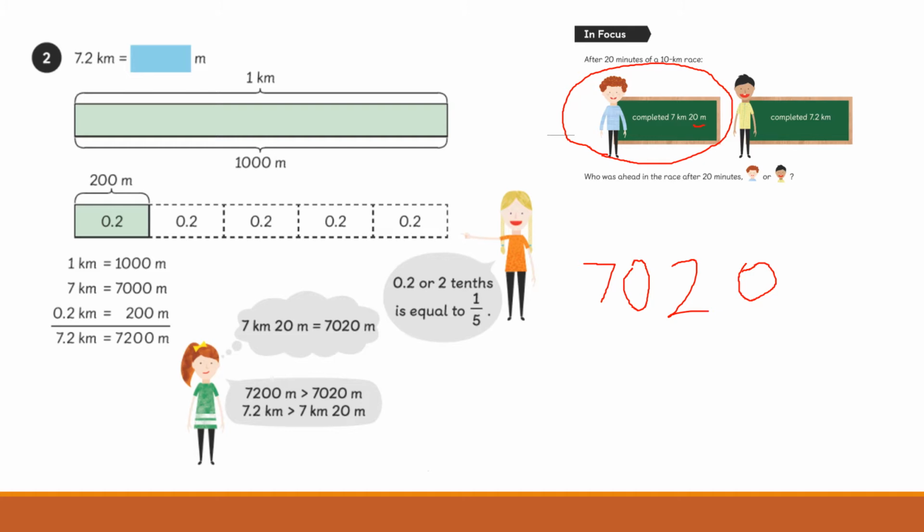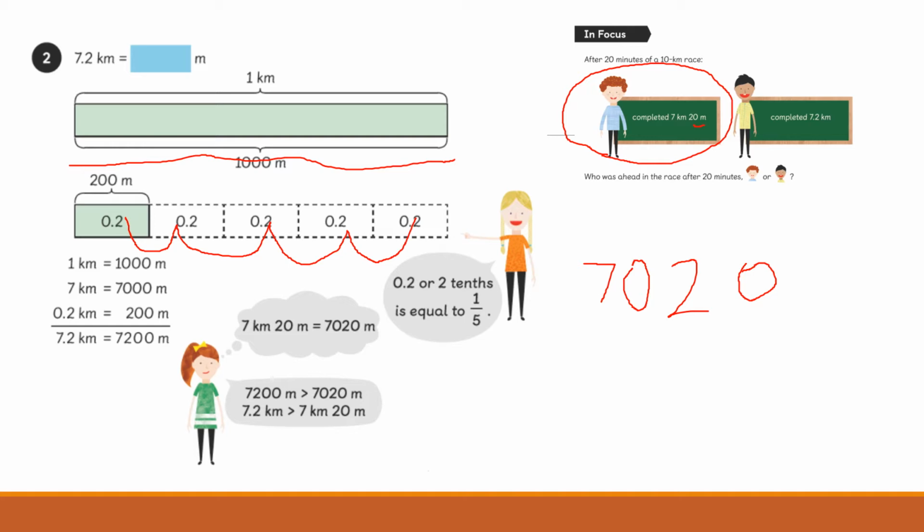We've got to look at this bar model. So we have 1,000 meters equals 1 kilometer. So 0.2. Remember when we get to 0.1, when we get to 1, it's going to be 0.2, 0.4, 0.6, 0.8, 1. So 1/5 of a kilometer is what we're looking at, isn't it?